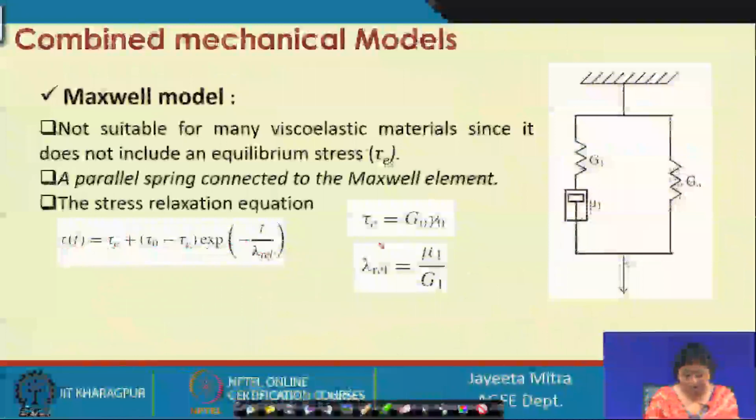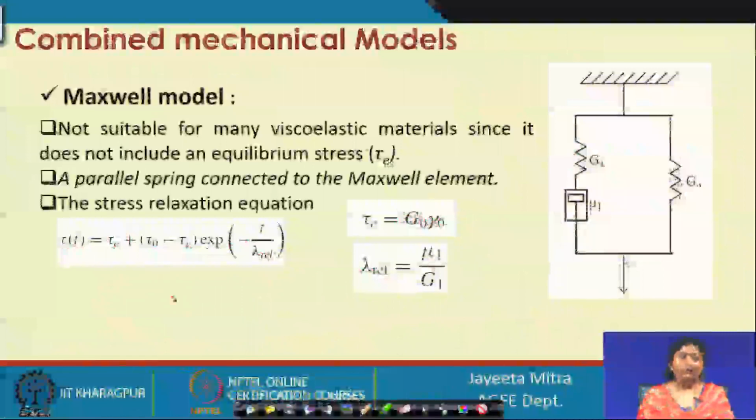Tau E is nothing but the stress this spring provides, G 0 into gamma 0. G 0 is the elastic modulus or spring constant here, gamma 0 is the strain, and lambda relative is mu 1 by G 1, which is of this Maxwell element.